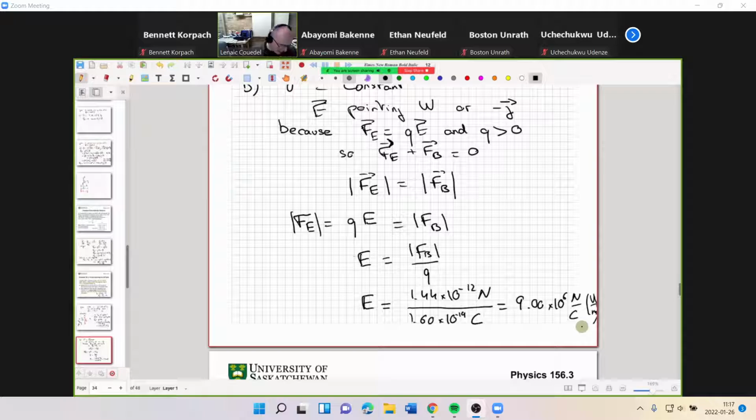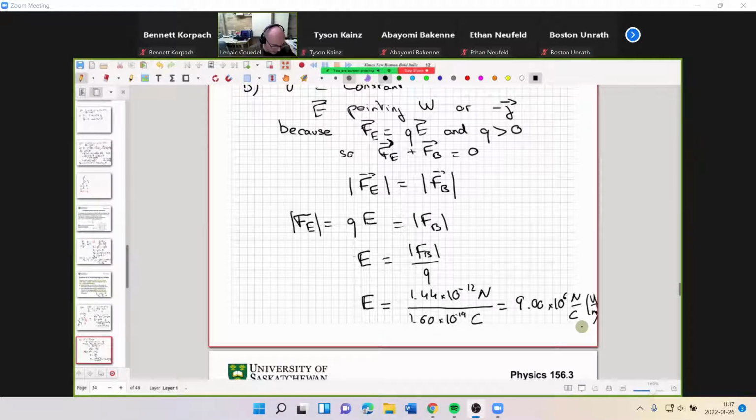How do you feel about the value of this electric field? Is it small? Is it big? Is it medium? I'm going to say pretty large. Yes, it's actually huge.